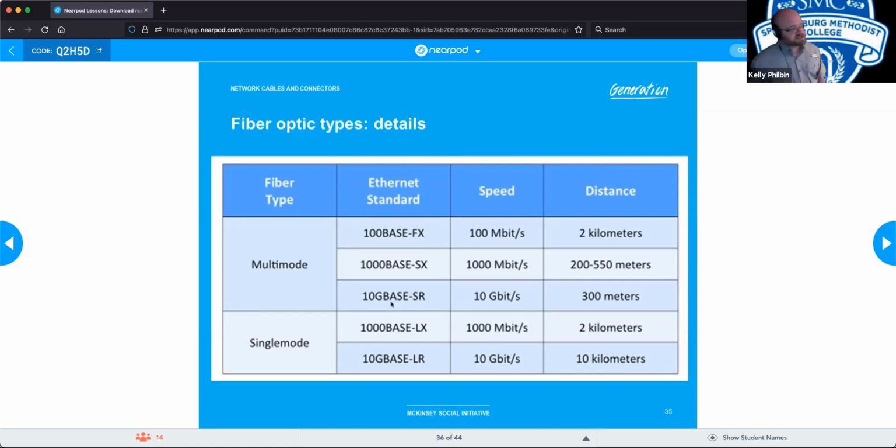Easiest way to read these numbers: this number at the beginning, so 100, 1000, 10G, that's the amount of data that can be transmitted per second. So notice that this is 100 megabits per second, 1000 megabits per second, 10G, 10 gigabits per second. So that's the easiest way to remember your speeds, quickest way to reference it.